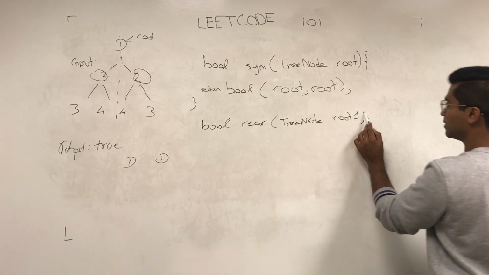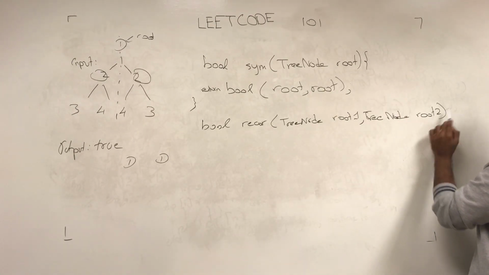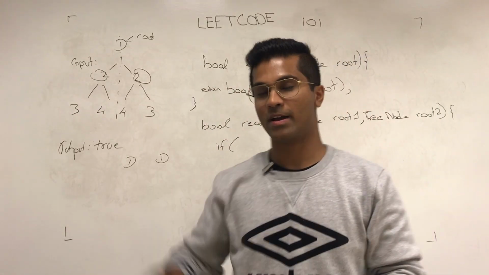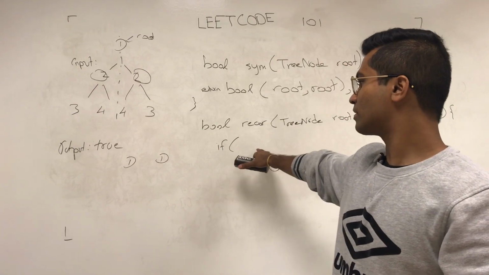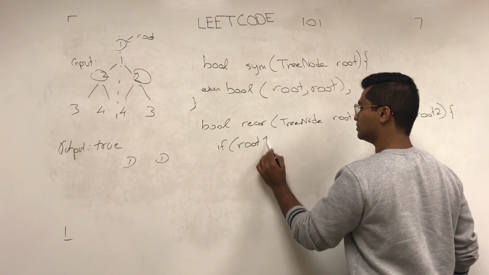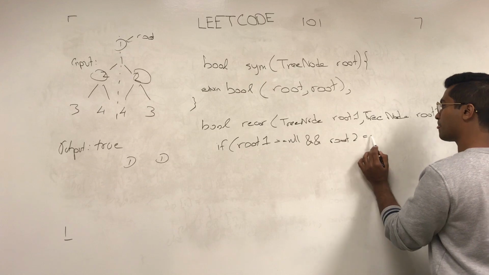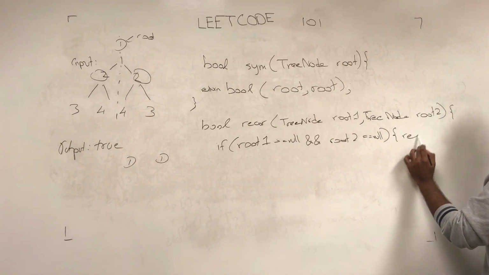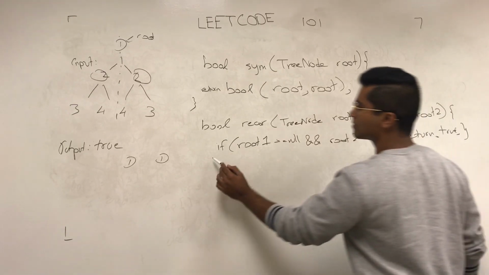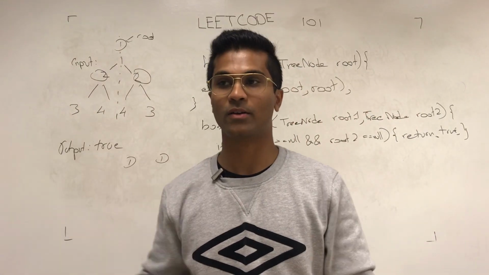Call it root 1, tree node root 2. Now, this is the way I put it in my head to make it very simple. If they are both null, we can return true. Now the next thing we have to check is, hey, if one of them is null and the other one is not null, we have to return false.